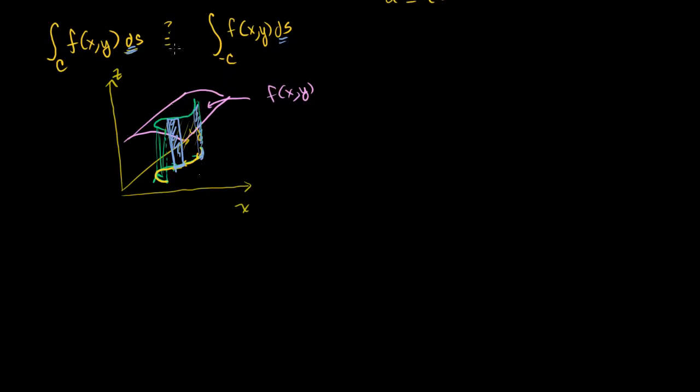I want to differentiate that from a normal integral, say the integral from a to b of f of x dx. We know that when we switch the boundaries of integration, it makes the integral negative. That equals the negative of the integral from b to a of f of x dx.